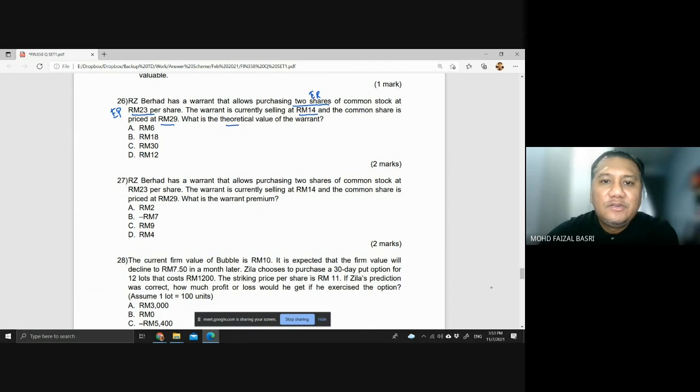So to find the theoretical value, TP ataupun TV tu, it's market price of stocks 29 minus exercise price 23 darab dengan exercise ratio 2. 6 times 2, 12 ringgit. Okay. So 12 ringgit.